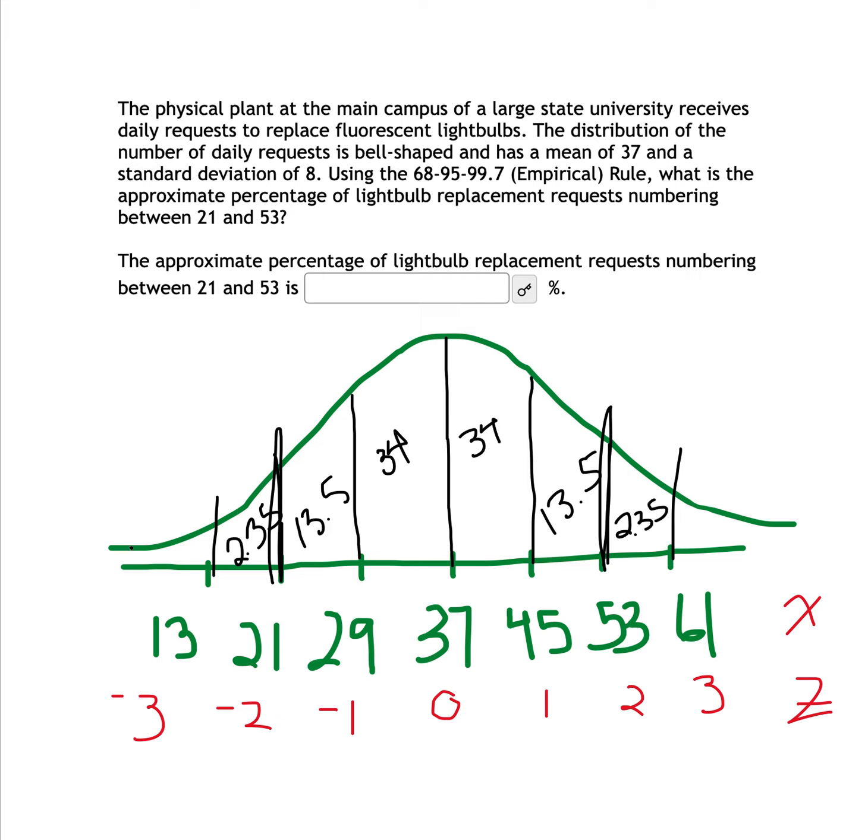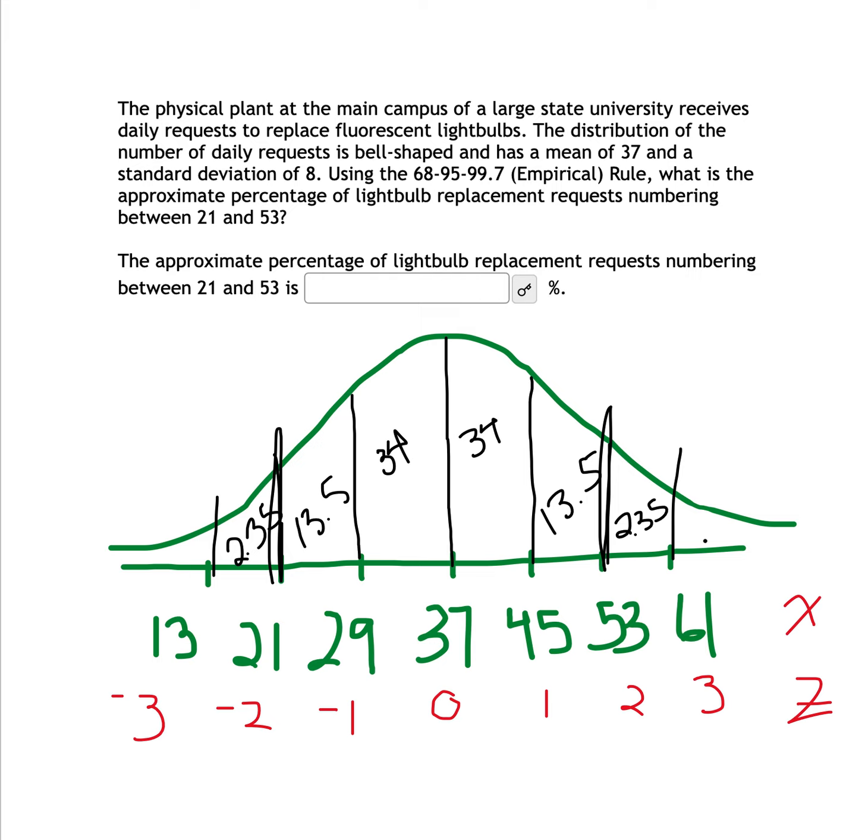Okay, so then what's left, if I find what's left in these little wings here on either side, the extreme values, I know that the total area under the curve needs to be 100%. And I know between the three standard deviations out in either direction, that covers 99.7% of the data. So if I take 100 and I subtract 99.7, what's left is 0.3%.